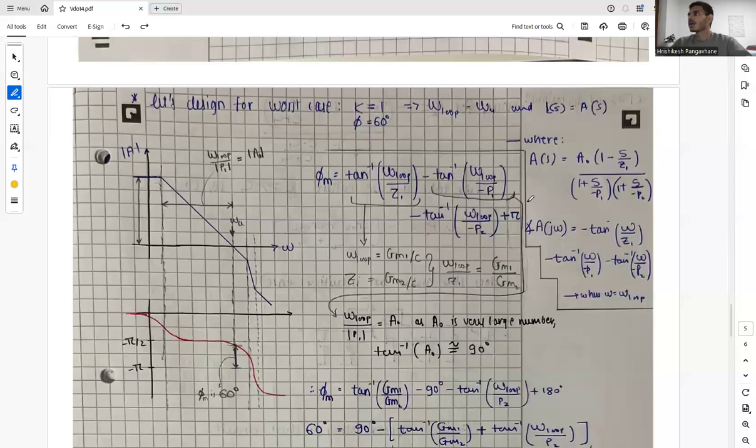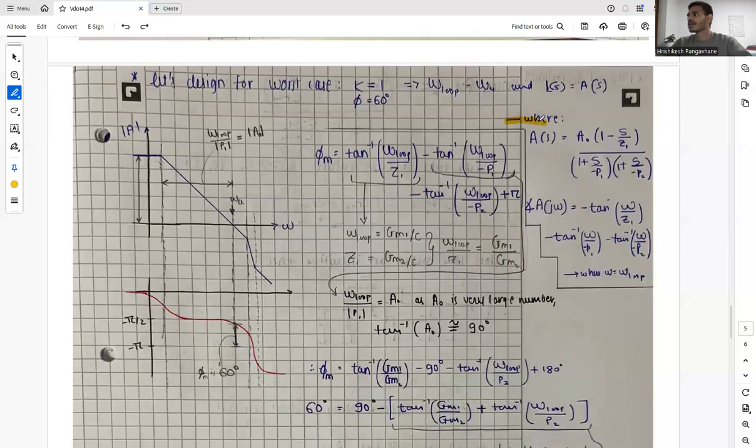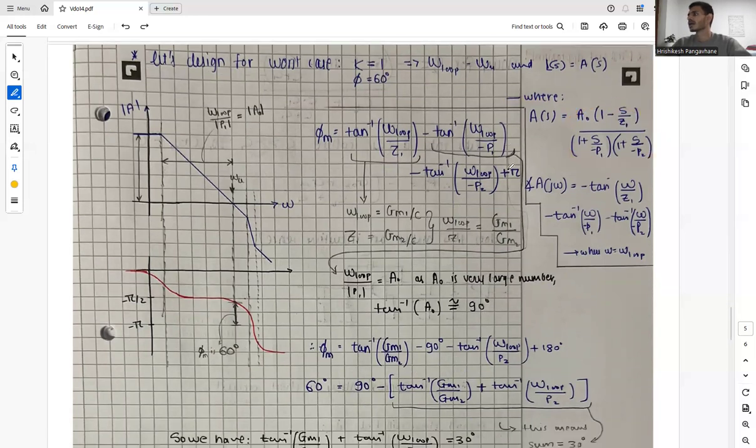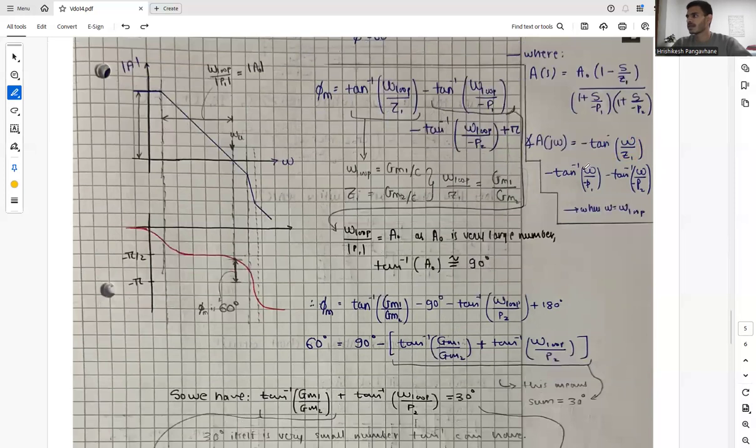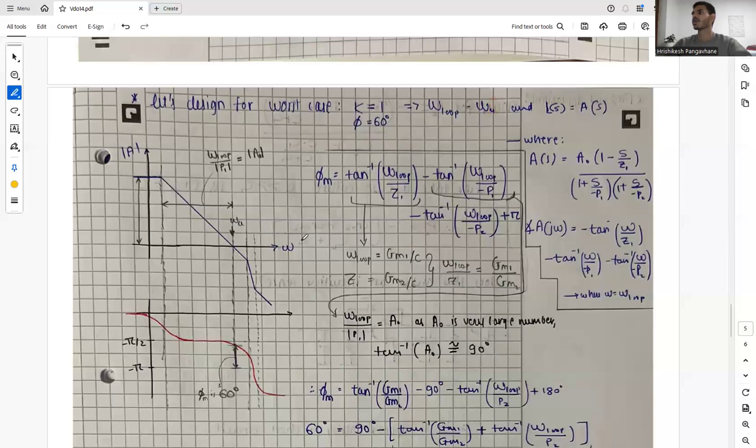Here A of s is written like this, and the phase is given by minus tan inverse of omega by z1, minus tan inverse of omega by p1, minus tan inverse of omega by p2, where omega is omega loop, which is omega u.